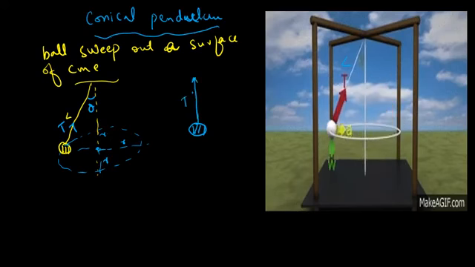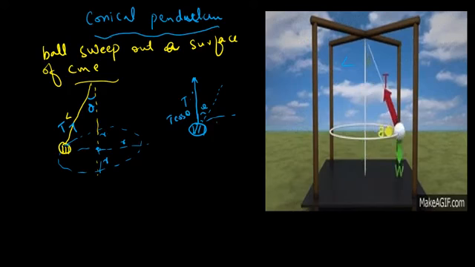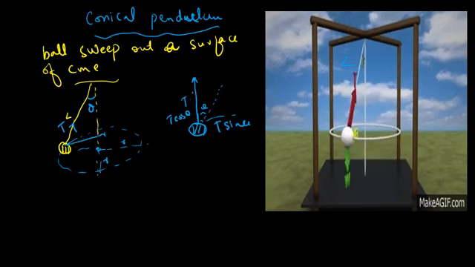This is the tension in the string, and it makes an angle theta. This component is T cos theta, and this component is T sin theta.